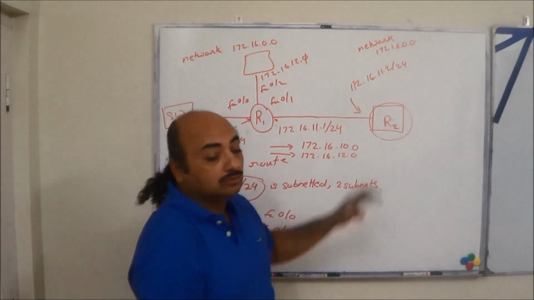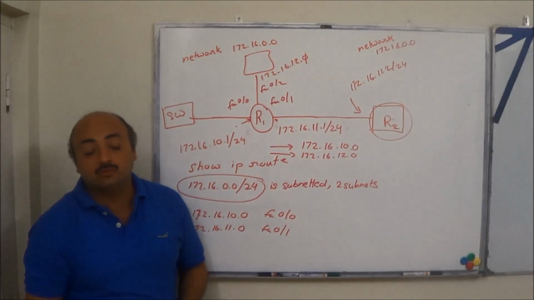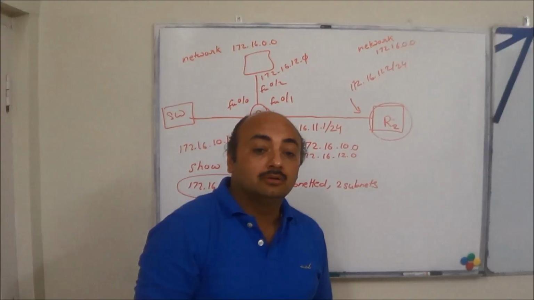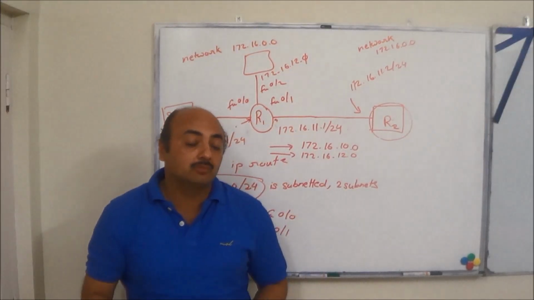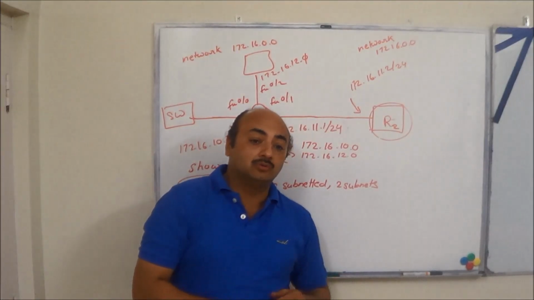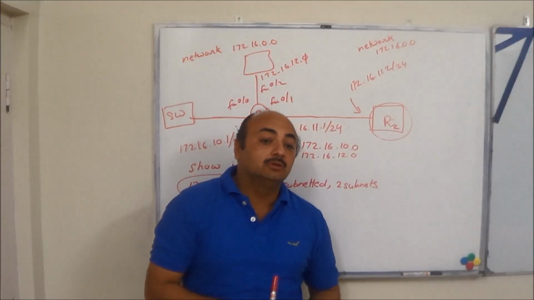Now R2 is going to make an intelligent judgment based on what is configured on one of its interfaces. You remember when we were talking about a packet going from one side of the router to the other side?